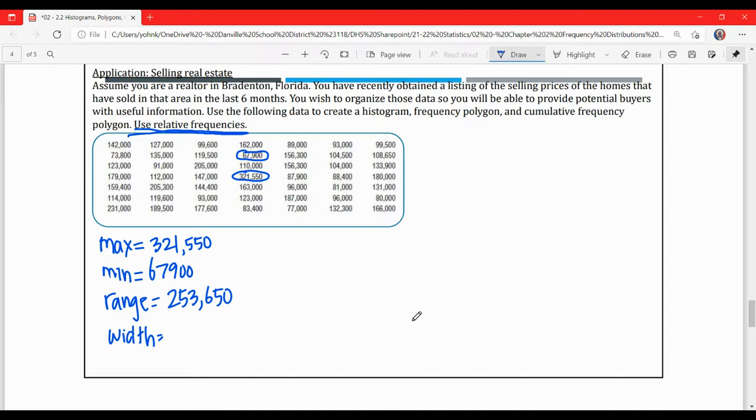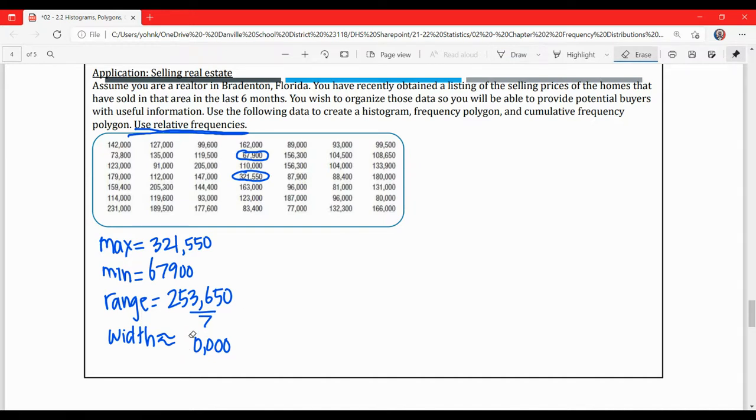Let's see, I want 7 classes. So if I divide by 7, that's going to give me some weird number with 5 different numbers in it. I'm just going to make it be pretty and say 40,000. Now let's do 50,000.